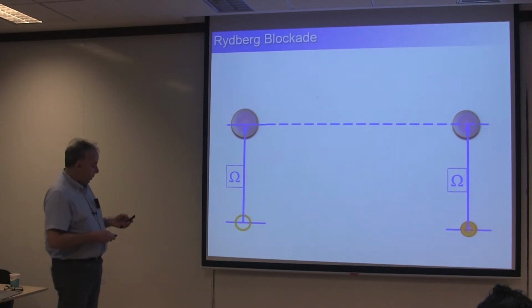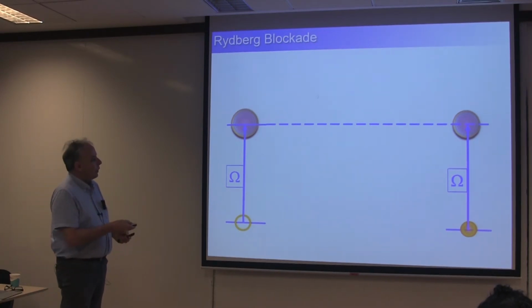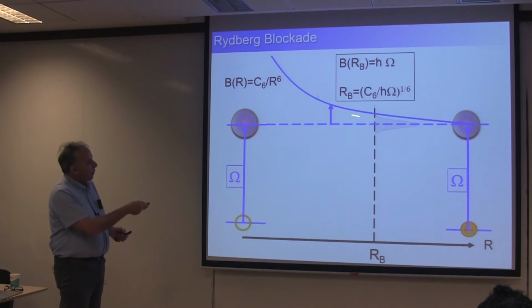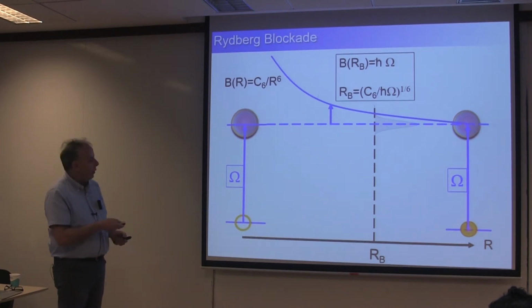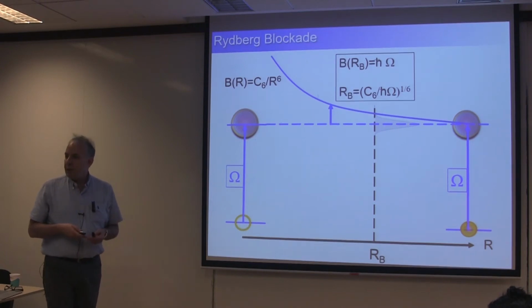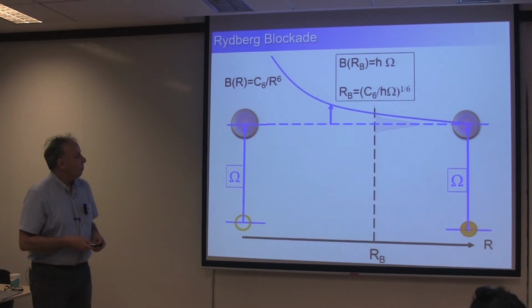But as those atoms move closer together, their molecular energy lives on this curve, say a 1 over r to the 6 van der Waals curve. And if the atoms are too close together and I try and excite with the same frequency, I'll be off resonance. There'll be a blockade effect. And so this region in here, at a separation smaller than the blockade radius, it's forbidden to have two atoms simultaneously excited in that region because of the blockade effect.